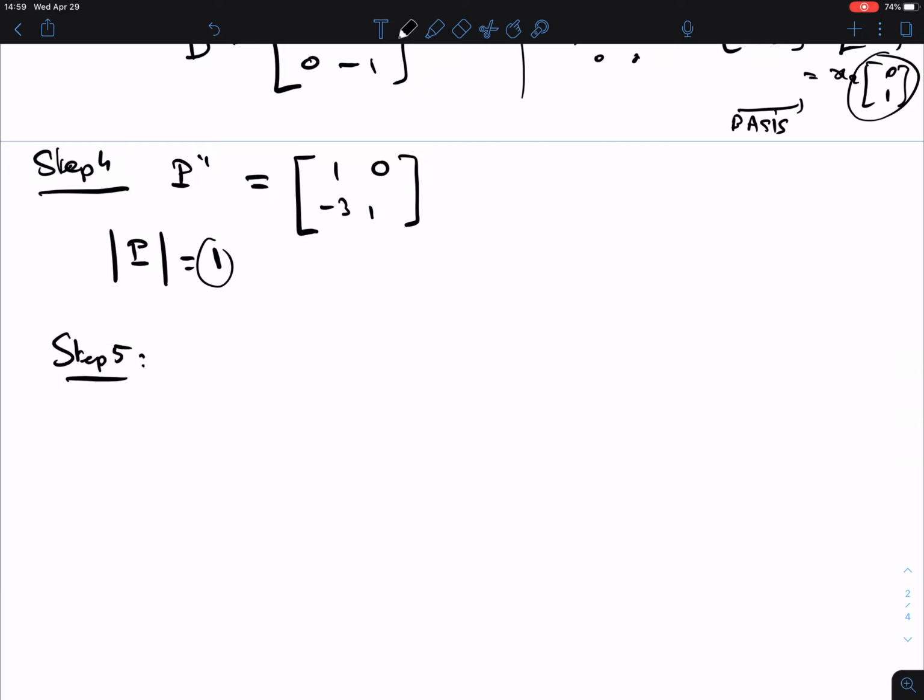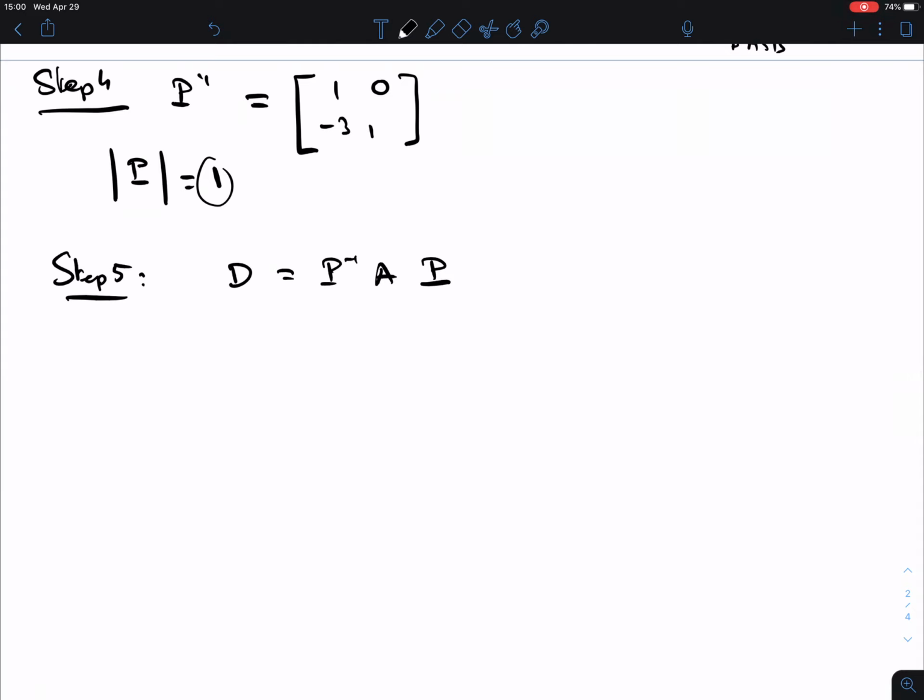So let's write down what we have. At this point, we have that the diagonal matrix is P minus 1 A P. What we want is A to the power 10. So I'm going to solve this equation for A. Now we have to be careful with these matrices. We cannot just multiply with the inverse. We have to multiply on the right side of it.